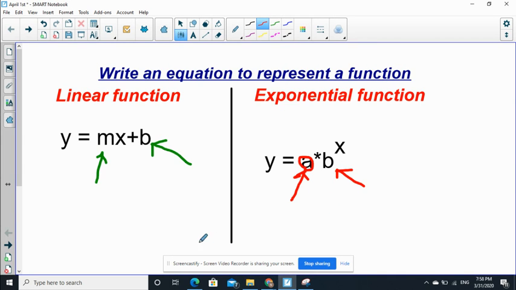You multiply each time to find the next answer. So now you have the initial value and the multiplication factor. Let's see some examples for that.